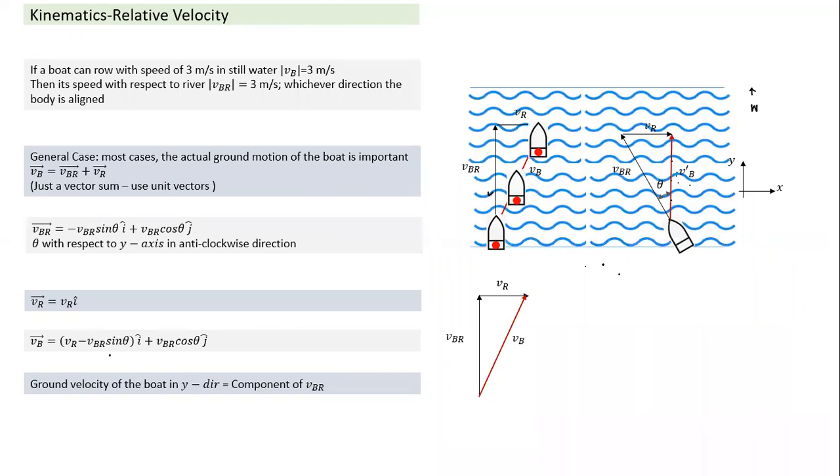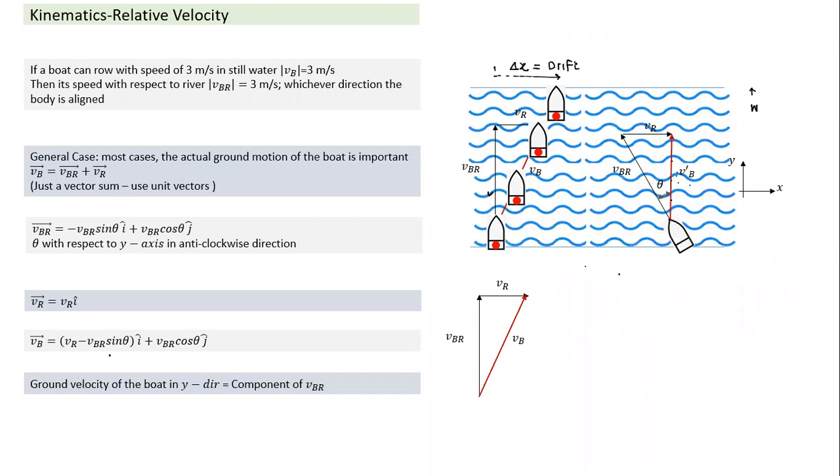So this is how the boat will move. If you align the boat like this, that's how the boat would move in the ground frame. And this part is because of the i component of velocity. By the time it crosses the river, the displacement along the x-axis is the drift.